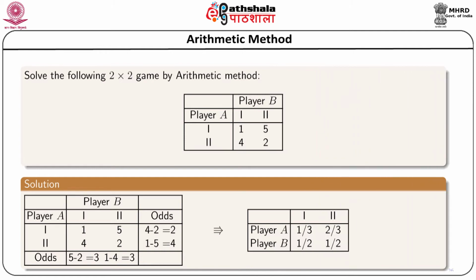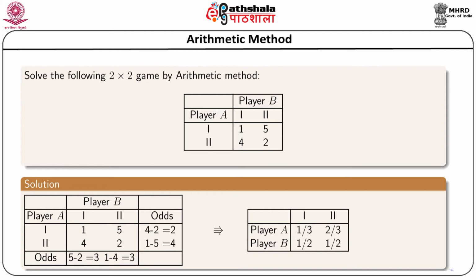The slide shows the pair matrix for the player A, and we find the differences for row 1. Row 1 difference is 1 minus 5 equal to 4, because we ignore the negative sign, and we put the result corresponding to row 2.